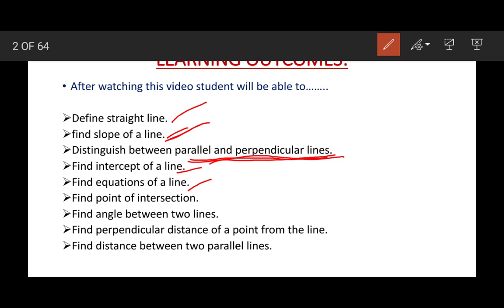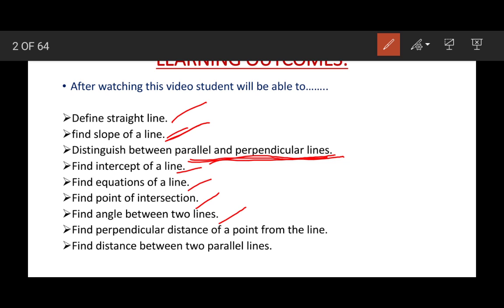Then students, you will be able to find the point of intersection. If two lines cross each other, if two lines intersect each other, then you will be able to define the point of intersection. Then you will be able to find the angle between two lines. If two lines intersect, then you will be able to find the acute angle between the lines.